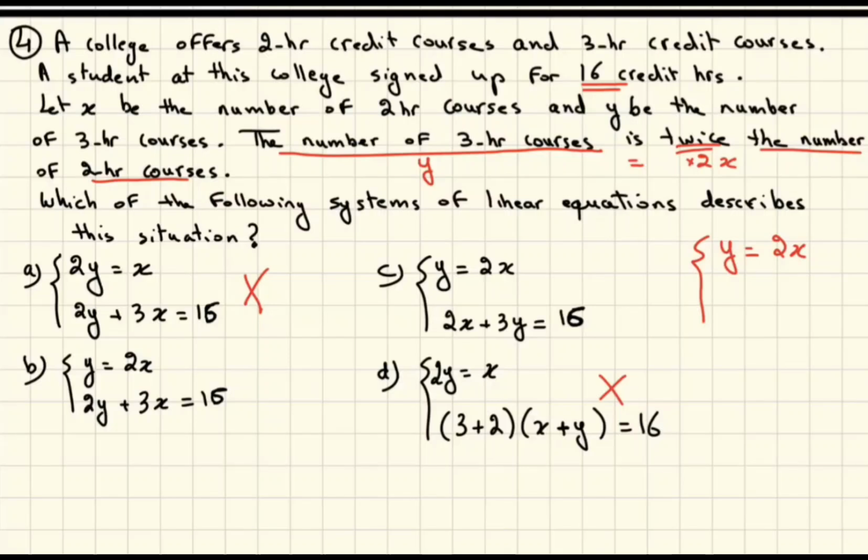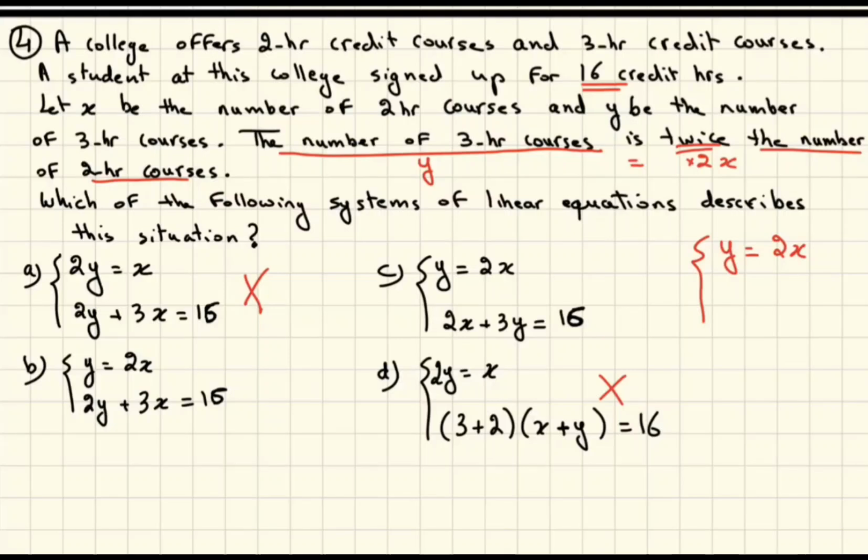So basically, what are we doing? We're multiplying the number of credits by the number of courses that have 2-hour credit courses. And for the 3-hour credit courses, same thing. If I tell you someone signed up for 2 courses of 3-hour credit courses, how many credits in total? You'll do 3 times 2, which is 6.